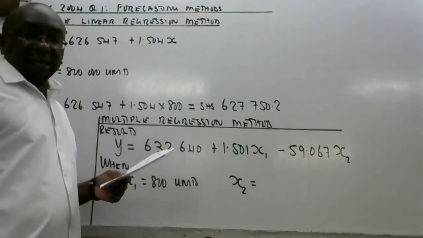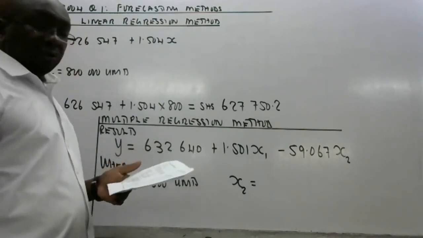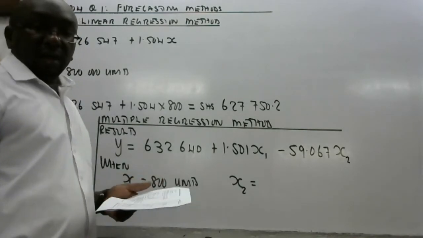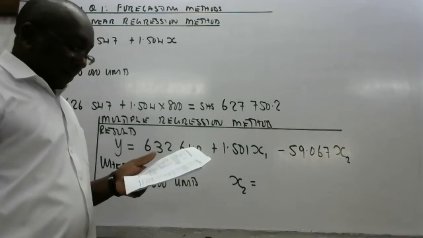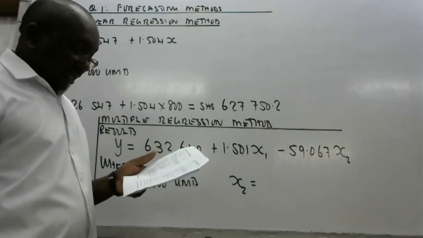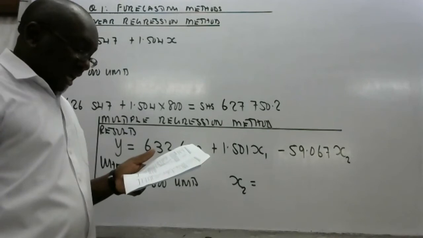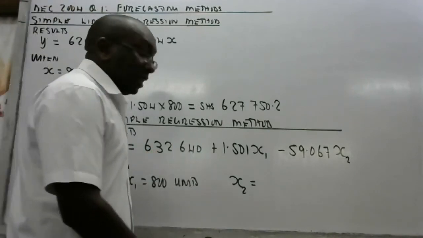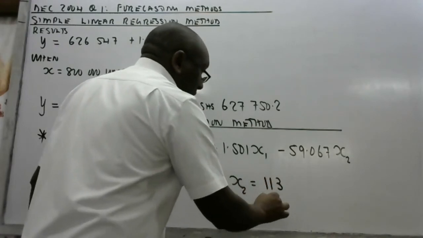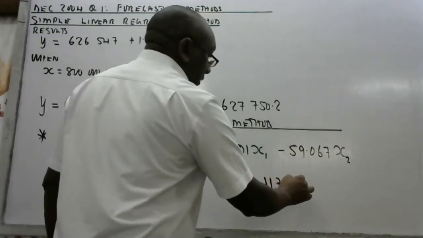I'm getting the index from information 2, which says that for cost estimation purposes, the coming period's value index will be the same as that of last period, which is 113. So that is the index.